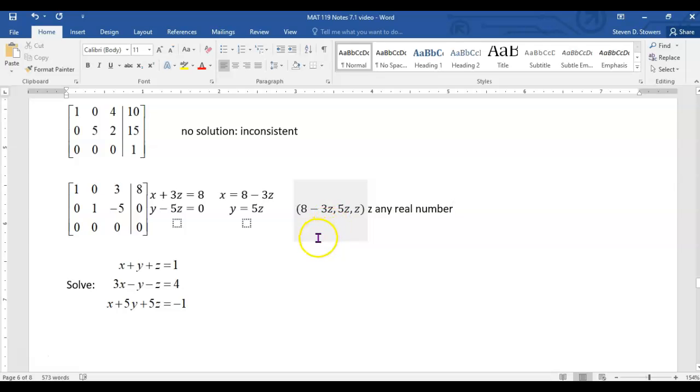So if you plug in 1, you get 5, 5, 1. You plug in 2, you get 2, 10, 2. Plug in 0, you get 8, 0, 0. Plug in -1, you get 11, -5, -1. And all of those, as well as many others, would be numbers for x, y, and z that would make that system true.